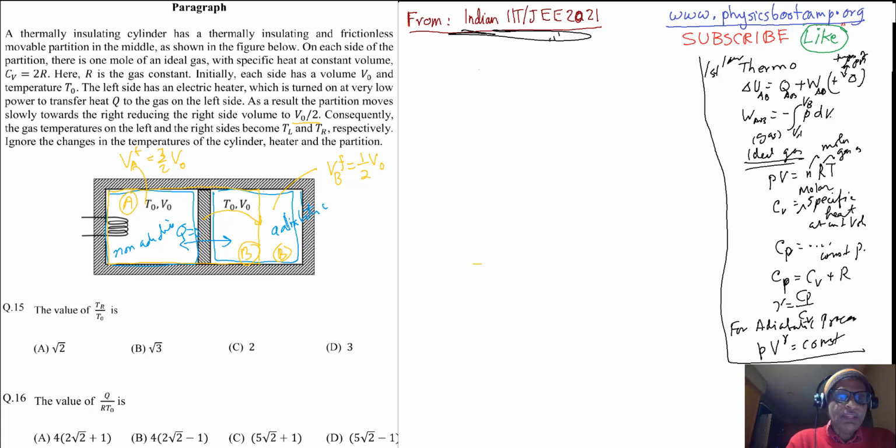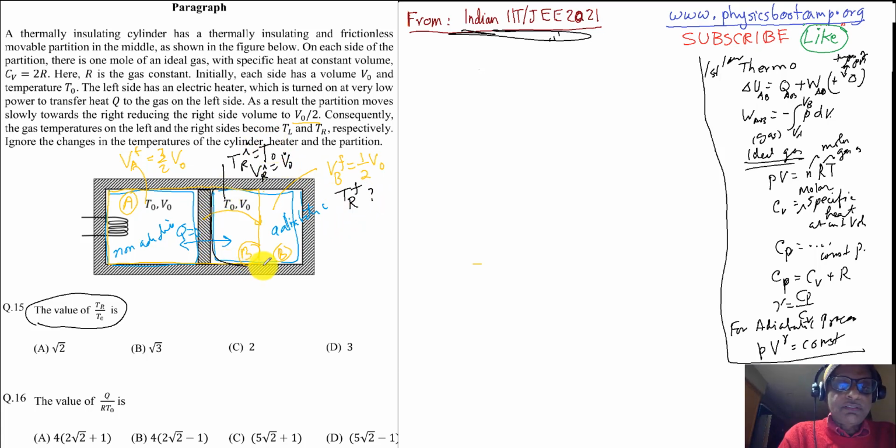Okay. So what we're supposed to do first is find TB over T0. TB final is what I have to find in terms of T0; of course TB initial is T0, and VB initial is V0. Well, it's all about the right part, right?